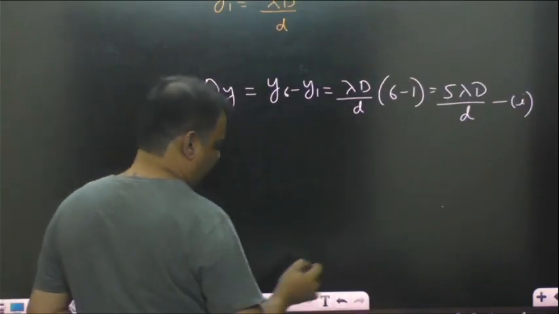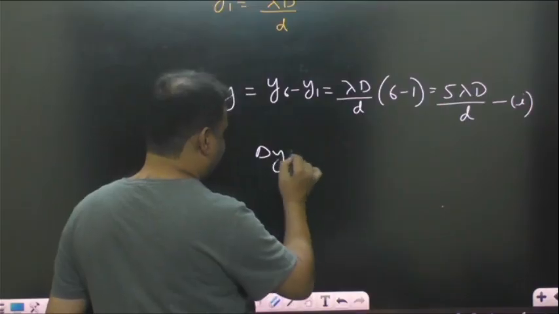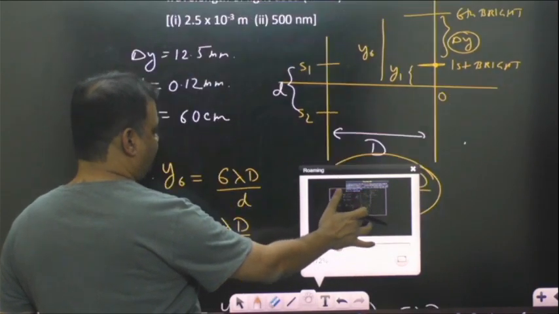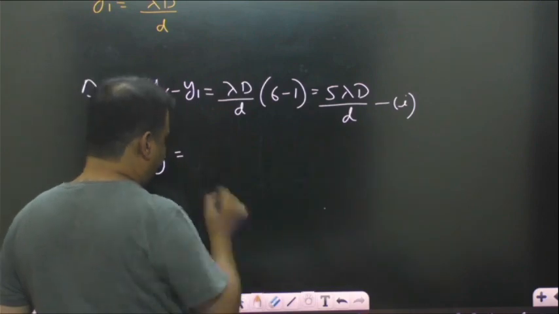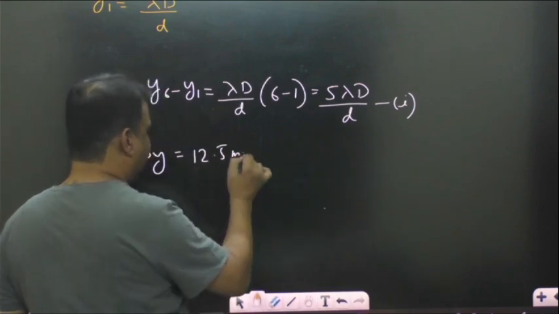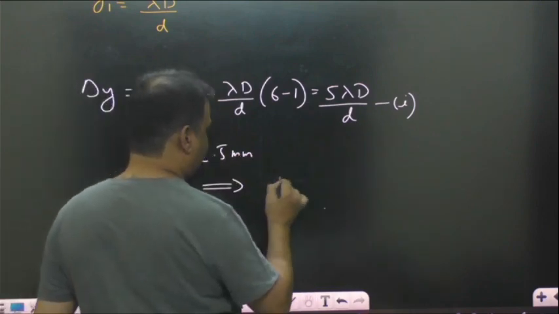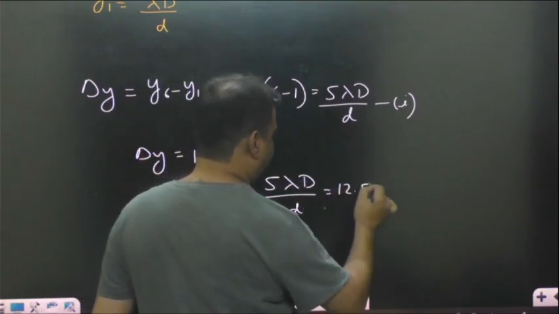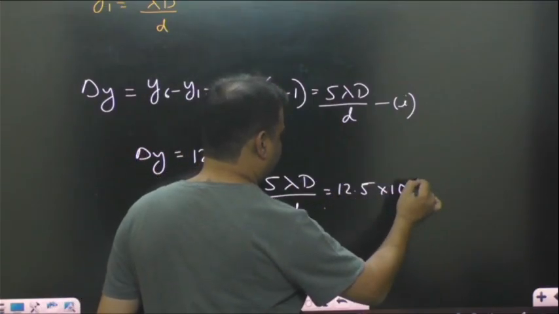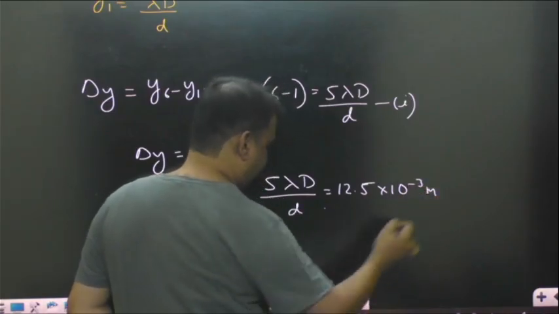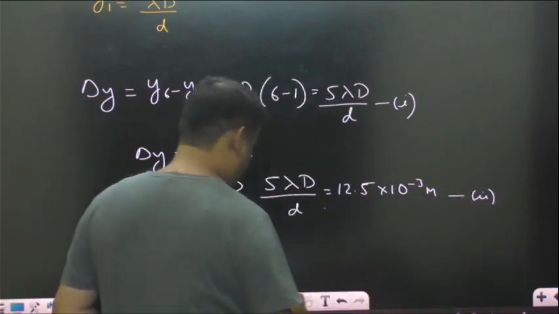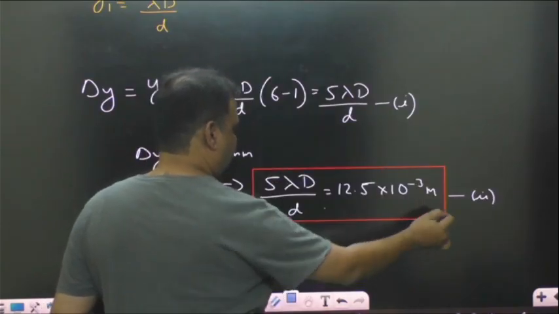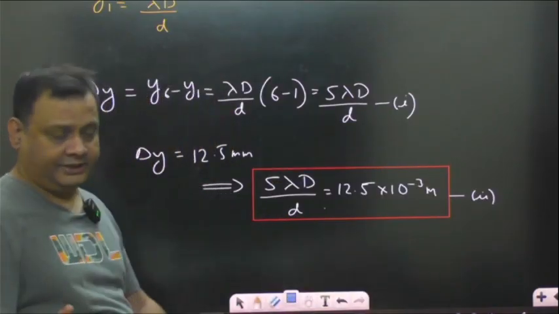And this information is given that this distance between sixth bright fringe and first bright fringe is 12.5 millimeter. So it implies that 5 lambda capital D by small d is 12.5, and I am changing it in meter. Okay, so we got this equation for this quantity, 5 lambda capital D by small d.